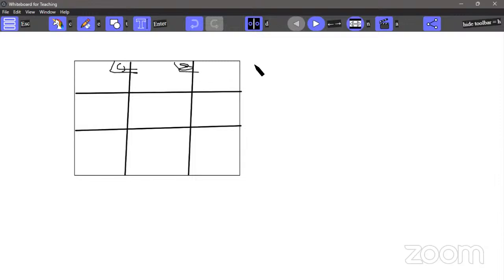Then in the third column 8. These are costs: 16, 24, 16, 8, 16, 24.